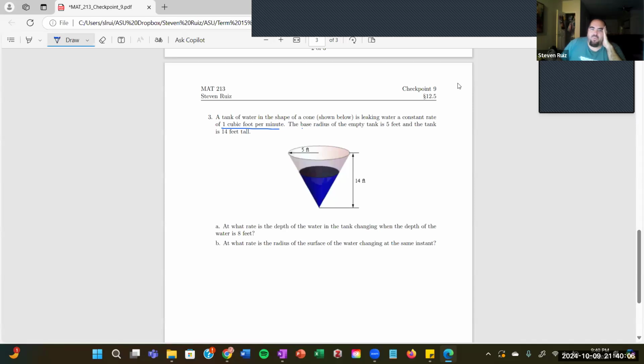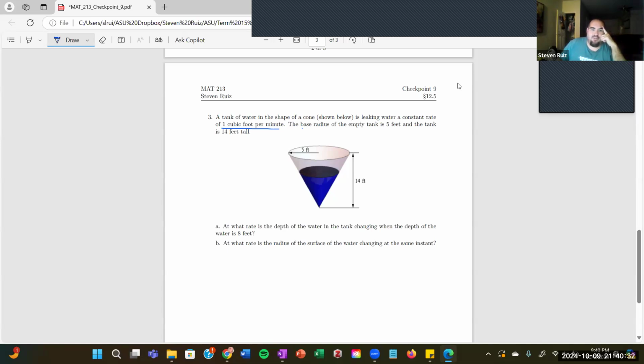But as the amount of water changes in this cone, one thing that's going to change is how high the surface of the water is from the bottom, and also what the radius is. If you think of the surface of the water as a circle, the radius of that circle.